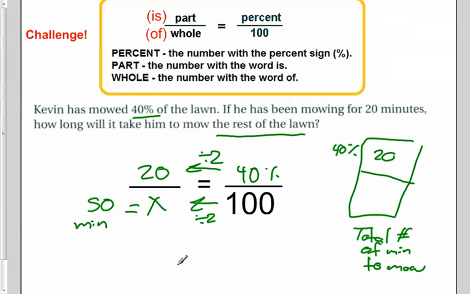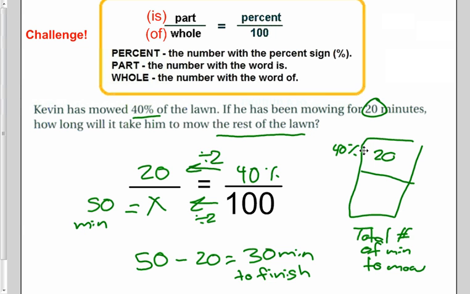So 50 is not actually our answer. If 50 minutes to do the whole lawn minus the 20 minutes that he's already spent, then it will take an additional 30 minutes to finish the lawn. So you really had to think about that one. If your head's a little jumbled on if this is a part or a whole, drawing a diagram is extremely helpful with that.